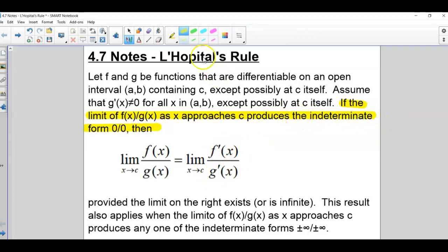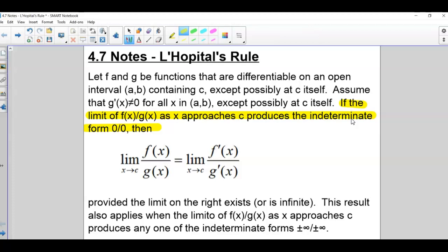Now, it's really important that it must produce the indeterminate form. Now, we have so far just said the indeterminate form was 0 over 0. There are a few other types of indeterminate forms. If you get infinity over infinity or negative infinity over negative infinity, that is also an indeterminate form.